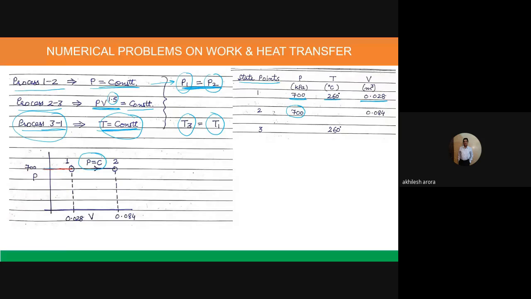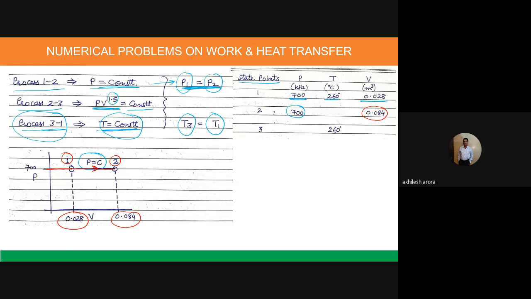This is a straight horizontal line. Here the volume is 0.028 and the final volume is 0.084, and this is a constant pressure process from state point 1 to 2. So this value of volume is given to me.